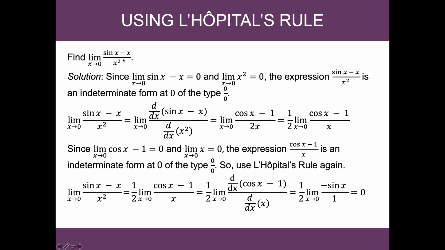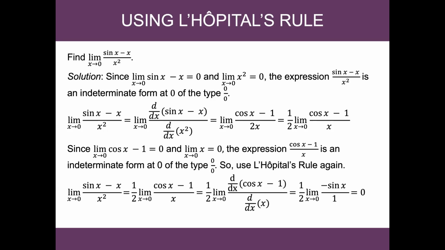Plug in 0 to x squared and you end up with 0. So we have an indeterminate form at 0 of the type 0 over 0, which qualifies for using L'Hopital's rule.